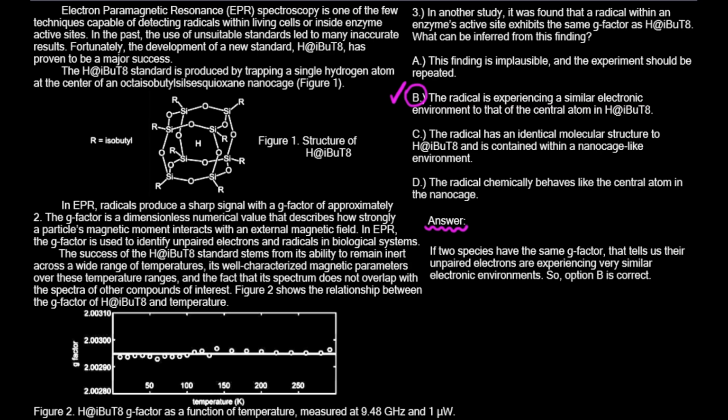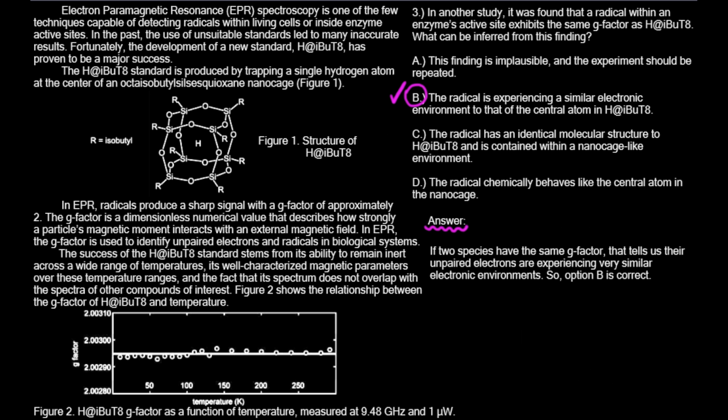The key thing to remember is that in EPR spectroscopy, the g factor reflects the electronic and magnetic environment of an unpaired electron. So, if two species have the same g factor, that tells us their unpaired electrons are experiencing very similar electronic environments, not that they have the same structure or chemistry.